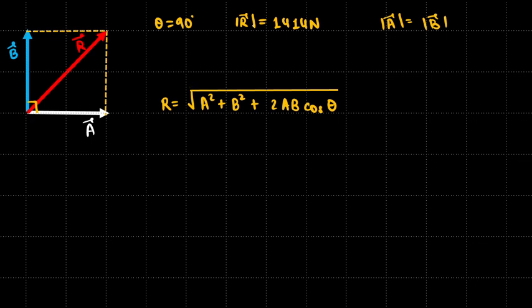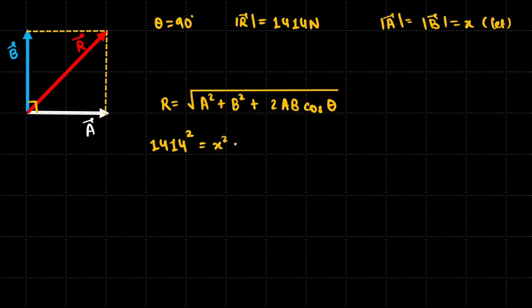So let's just keep the values. We know r is 141.414. If you square both sides, you will get a square over here. We know the magnitudes are equal, so let's say each is equal to x. It's not really necessary to call it x, but it will be fine.